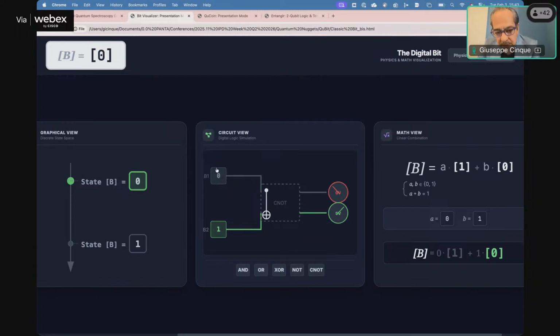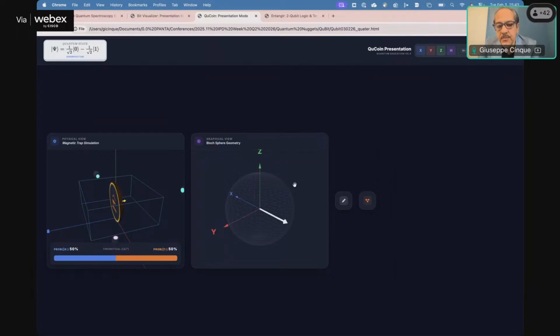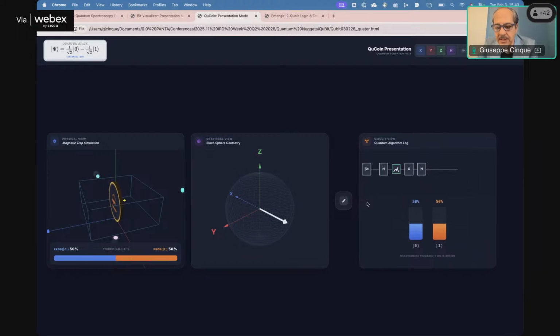So if the first bit is on, this acts as a NOT. If it's off, it's just an identity. So 0 stays 0, 1 stays 1. If this is active, it becomes an inverter, right? So this is an important operator.